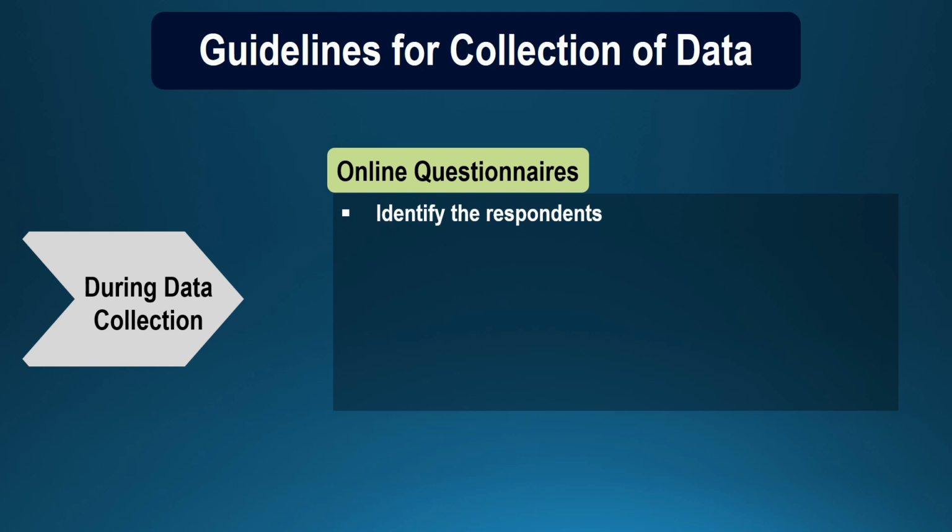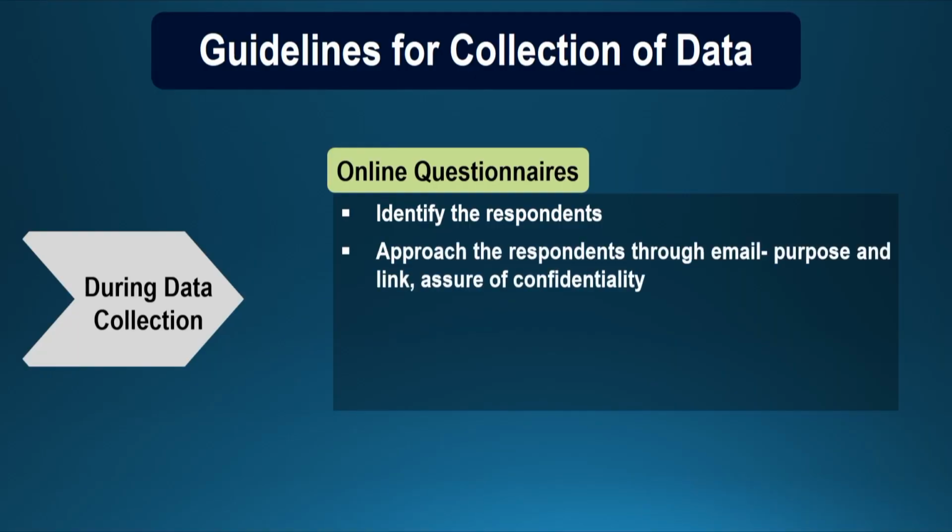In that case, the researcher needs to select the respondents or identify the respondents who need to fill in the questionnaire and approach the respondents by sending an email which specifies the purpose and provides a link to the questionnaire and assures them of the confidentiality of the data or information which is likely to be gathered through the questionnaire.